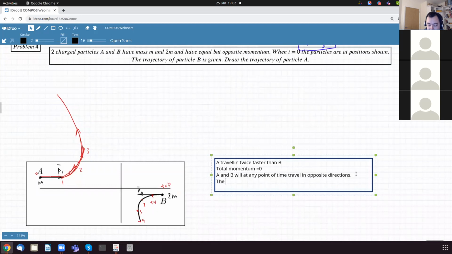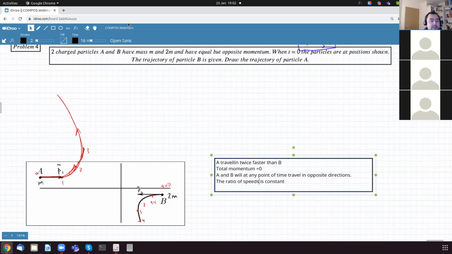The ratio of velocities is constant. Or the ratio of speeds. Also, it's incorrect to say ratio of velocities, it's the ratio of speeds.